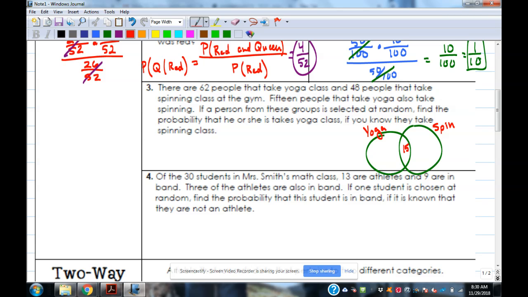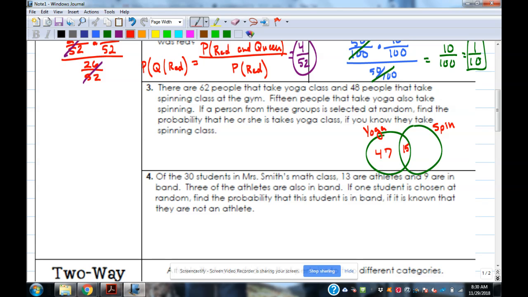We've already got 15 of those people accounted for because they're in the middle. So we take 62 minus 15, 47. So there's 47 people in just the yoga class. And then 15 remember already take both. So we've already got 15 of these 48 taken care of.